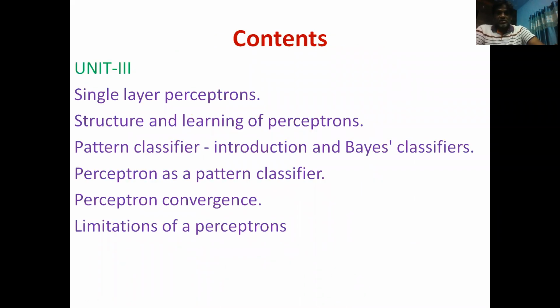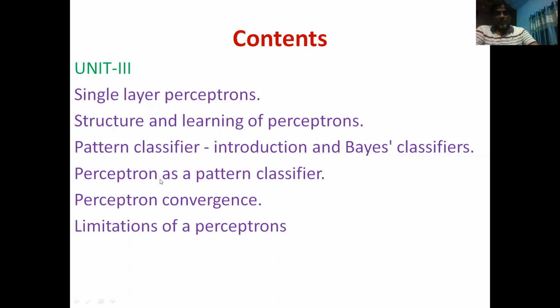so these are the contents in third unit. The first topic is introduction to single layer perceptrons. Then we'll look into the structure of a perceptron and then how learning happens in perceptron. Then the next topic is what is meant by pattern classification, and we'll see a kind of classifier called naive Bayes classifier.